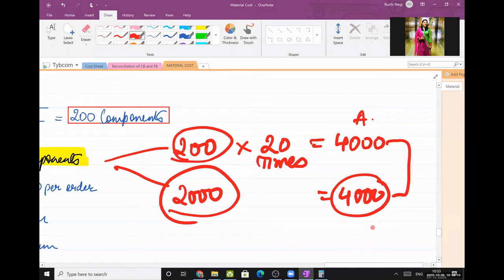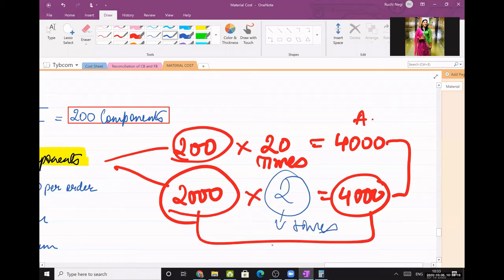So 4000 divided by 2000 is how much? 2. So in a year, I have to then purchase only 2 times. So my frequency is reducing. Earlier, my frequency of purchase was 20 times in a year. Now my frequency of purchase is going to be 2 times in a year. Okay, let us see which offer is better.